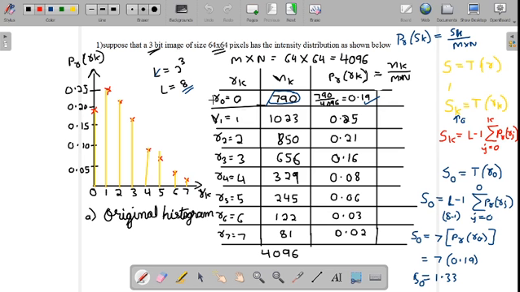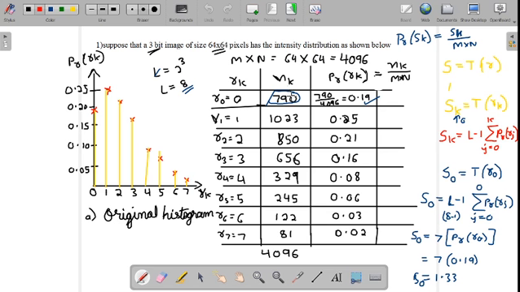The input intensity will be designated by R, so I have written R0 up to R7. Next, you take the number of pixels with that particular intensity. There will be 790 pixels with intensity 0, and similarly for 1, and so on. The n values are given here.